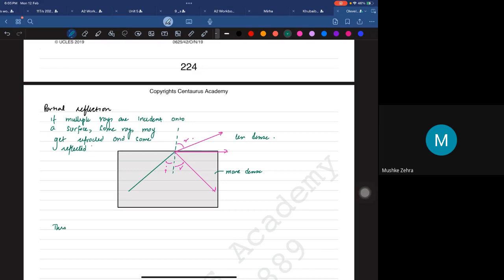This phenomenon is known as partial reflection. All right, kids, like that.